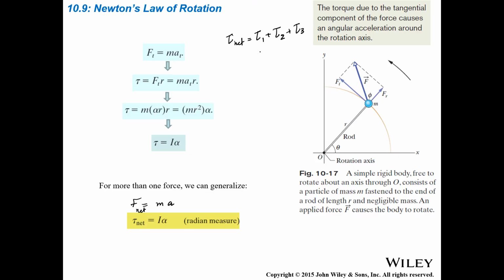So if I have, let's say, a simple case, let's say I have the wheel. The wheel that we saw earlier, what are the forces acting on it? Let's say I am pushing the wheel by a force here. What other forces do we have? Weight, definitely. And what else? Maybe there's some friction.